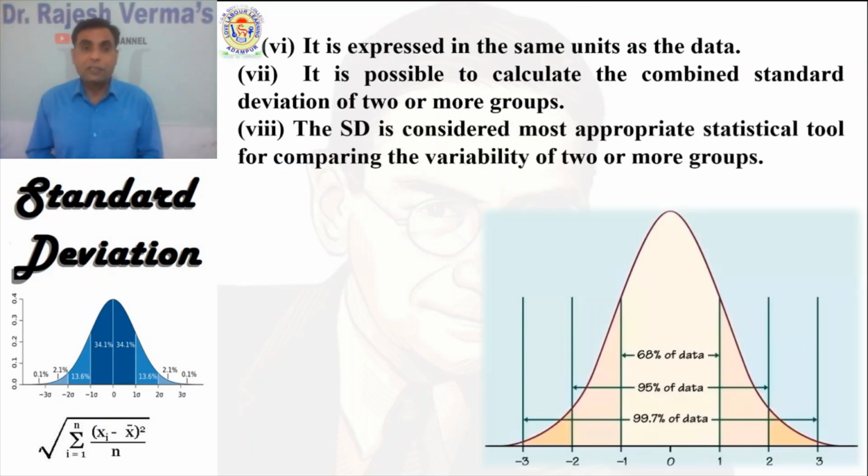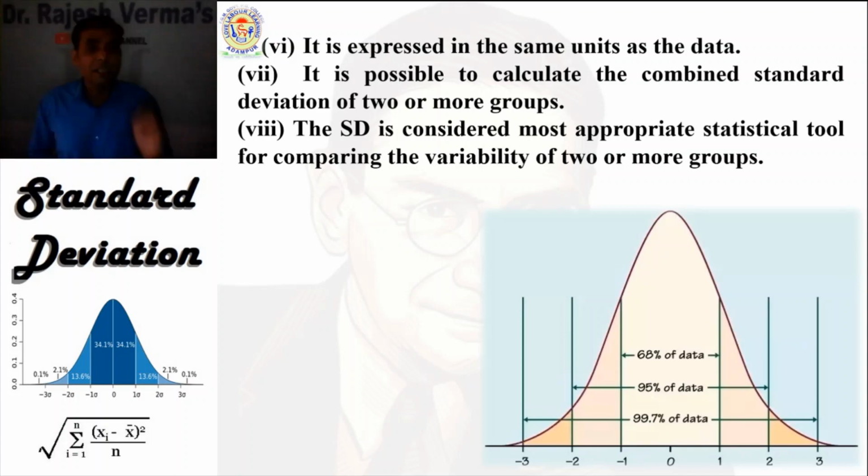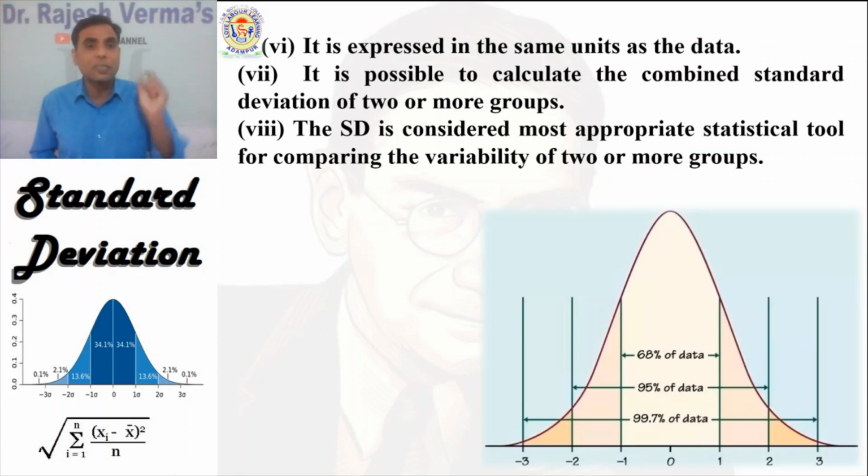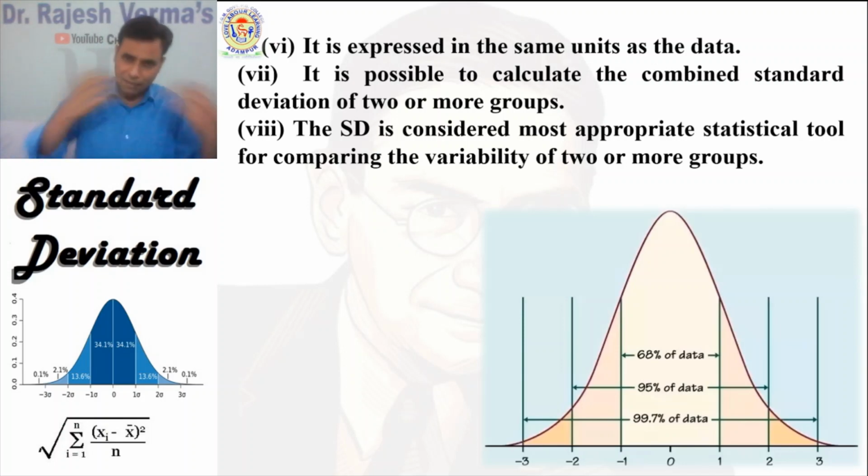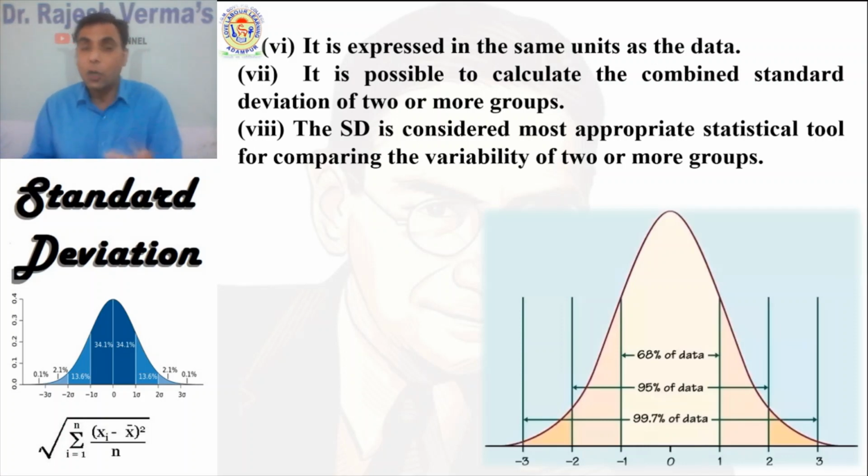Next characteristic: the standard deviation is considered the most appropriate statistical tool for comparing the variability of two or more groups. I told you that standard deviation indicates variability, dispersion, or central tendency. This is a very important tool when you are going to compare the variance of two or more groups; at that time standard deviation comes in very handy.